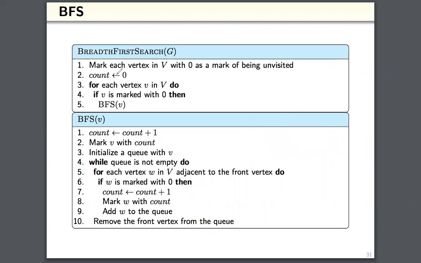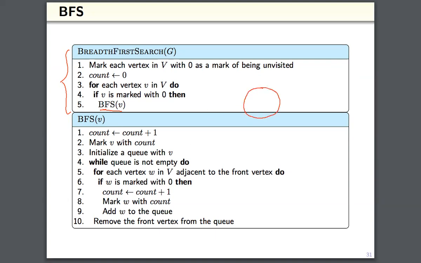Okay, next. Now let's look at the top function here. The top function here is exactly the same as the top function of DFS, right? If you remember, we had the same top function: mark each vertex in V with 0 as a mark of being unvisited, count is equal to 0. For each vertex, if it is unmarked, BFS of V. Okay, in BFS, what do we do?